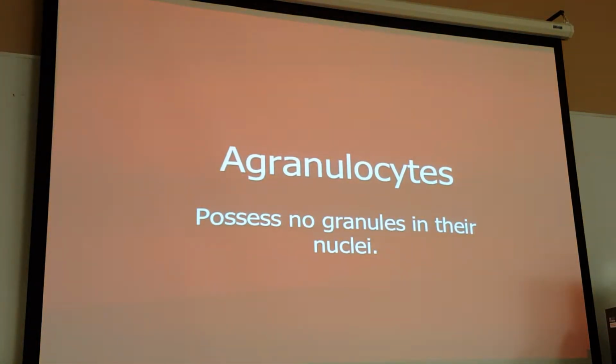Okay, so that was granulocytes. Okay, neutrophils, eosinophils, and basophils. Phil means to like, and those cells get their names from the stains that are used to identify them.